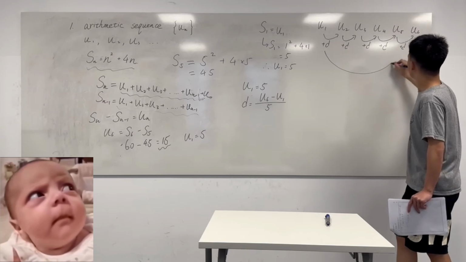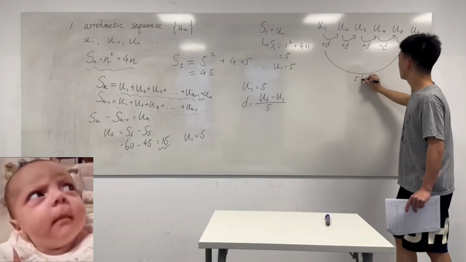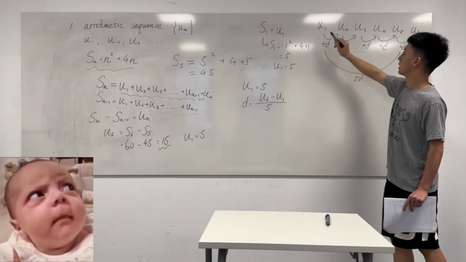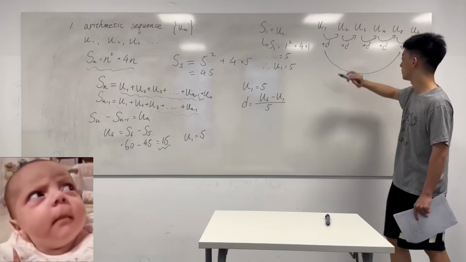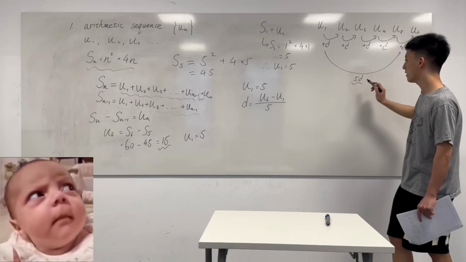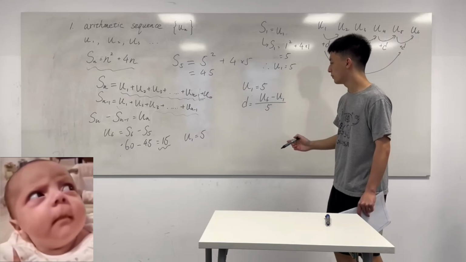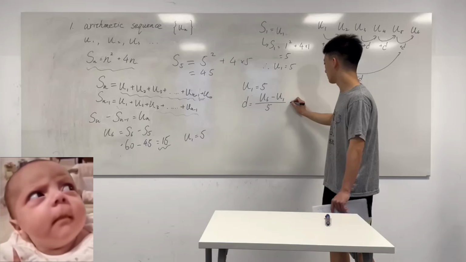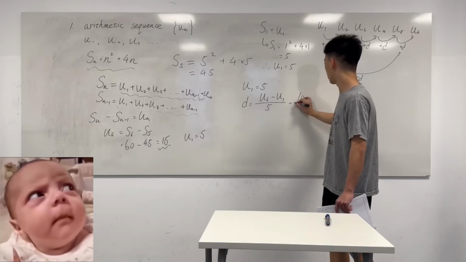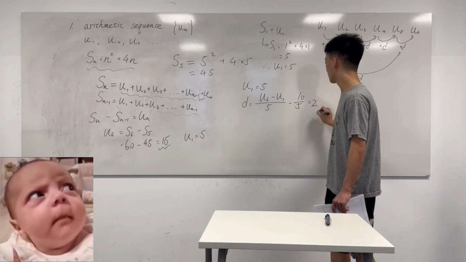In total, there's 5d between U1 and U6. So if we use U6 minus U1, we get 5d, then divided by 5, we get d. U6 is 15, U1 is 5, so d is 10 over 5, which is 2.